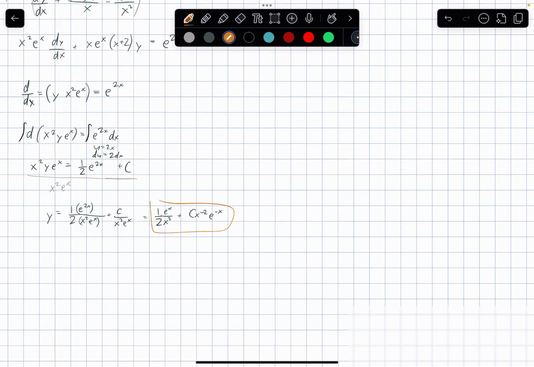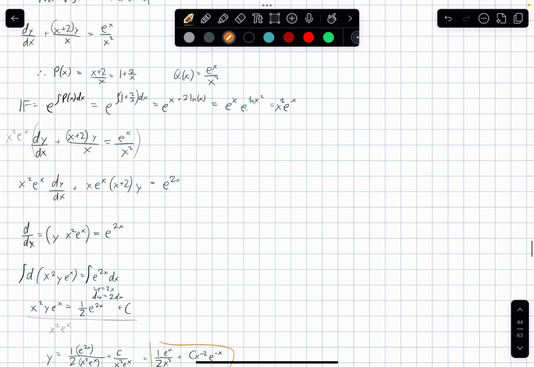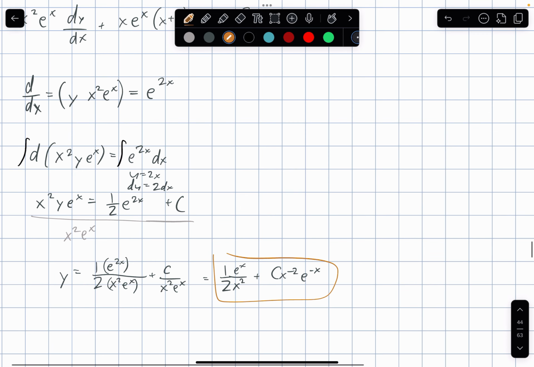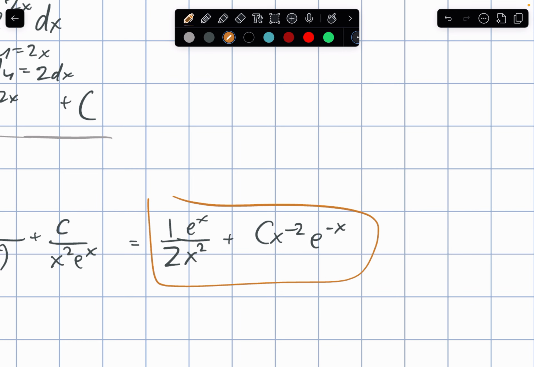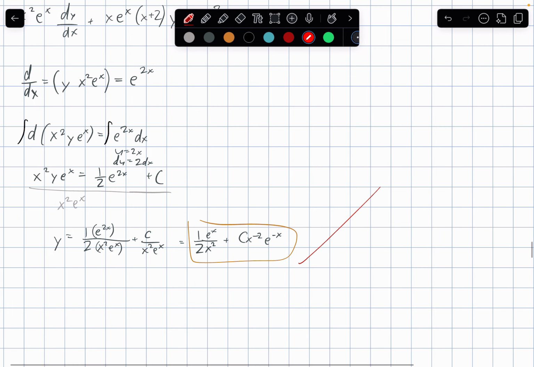Let's verify if that's correct for number 13. Okay, yeah, this is correct.